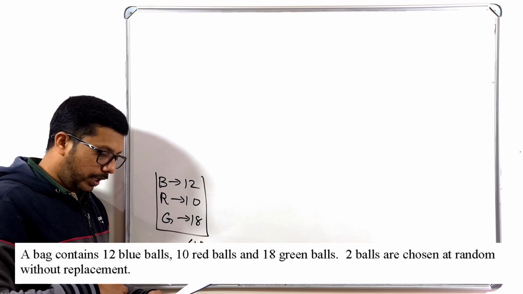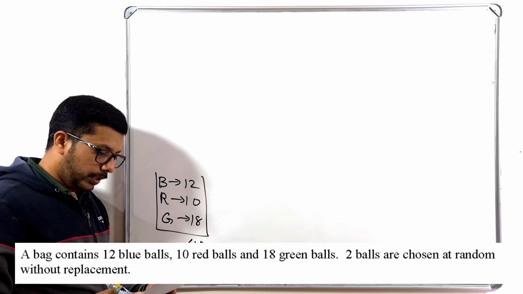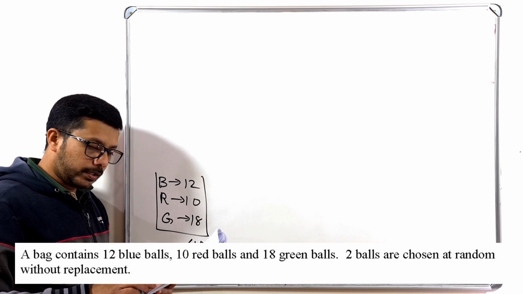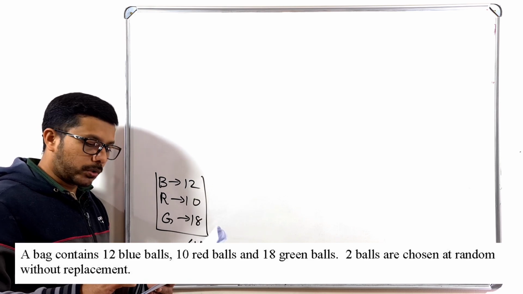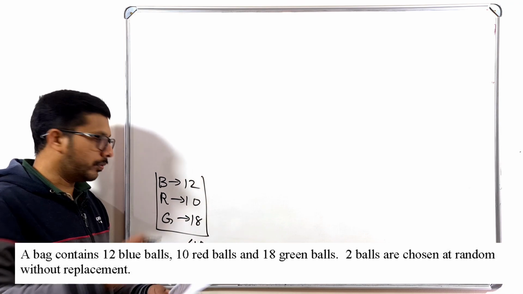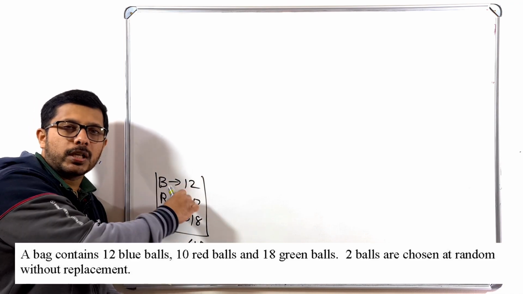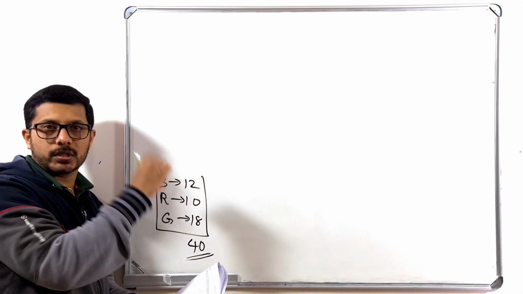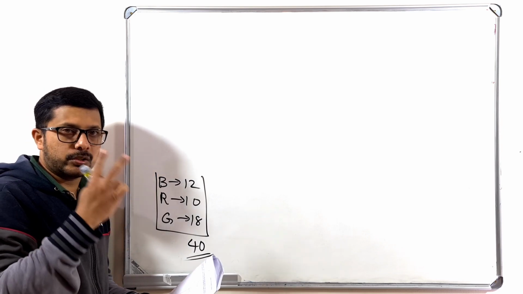Now look at the second sentence. 2 balls are chosen at random, without replacement. So from this bag, how many balls are we going to take? 2 balls, not one.